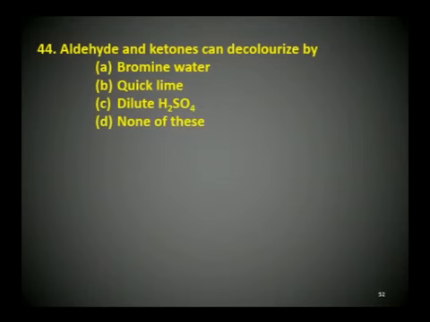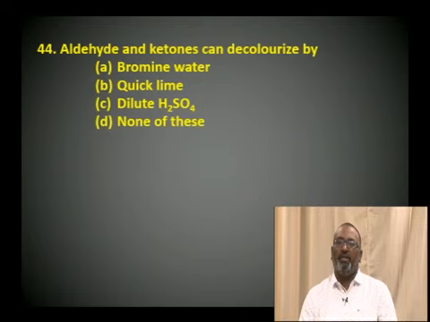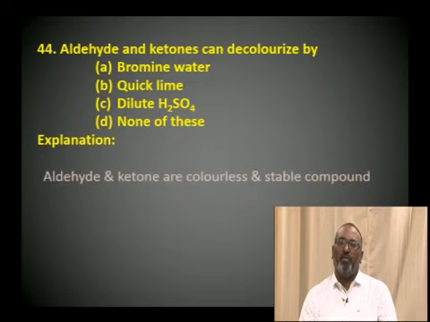Question number 44. Aldehydes and ketones can decolorize: bromine water, quicklime, dilute sulfuric acid, or none of these. Here, even though in aldehydes and ketones carbon is bearing a C double bond O, it cannot be considered an unsaturated compound.